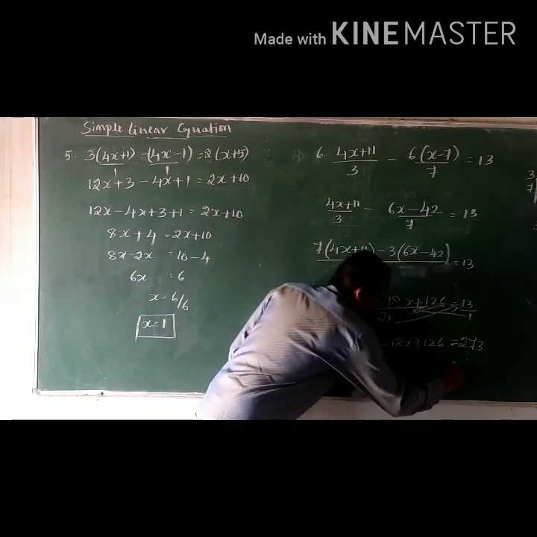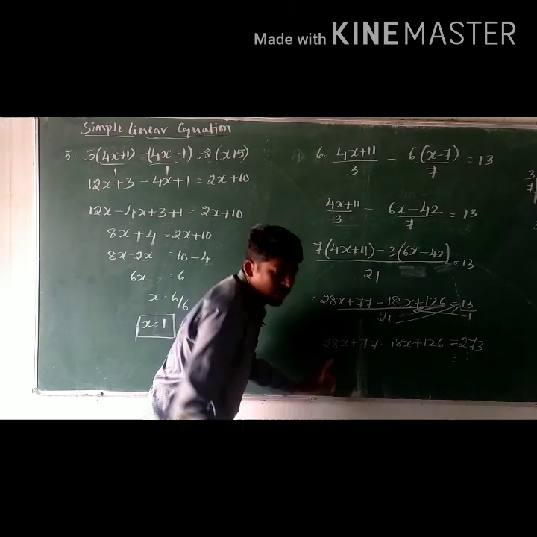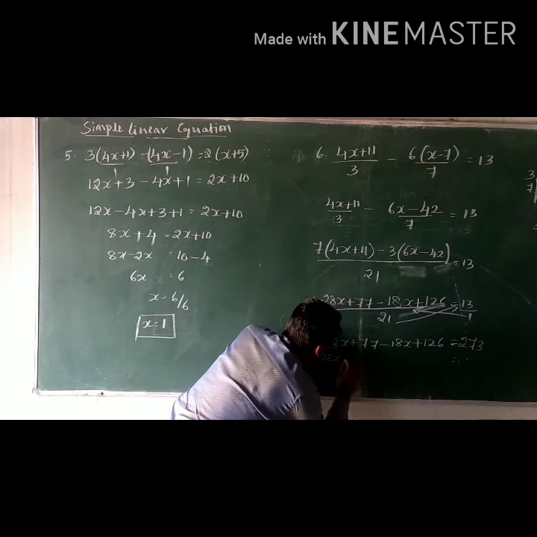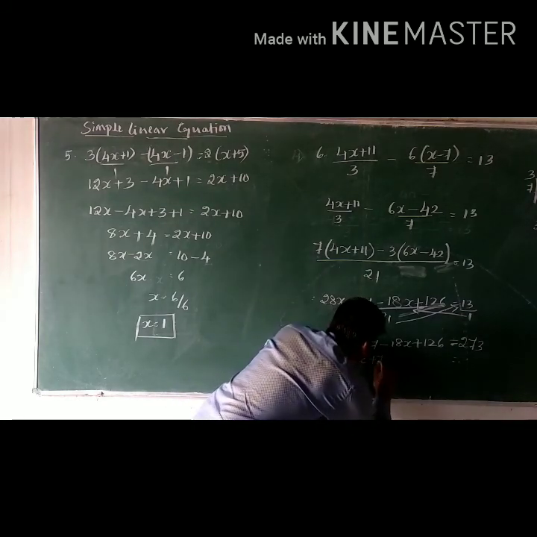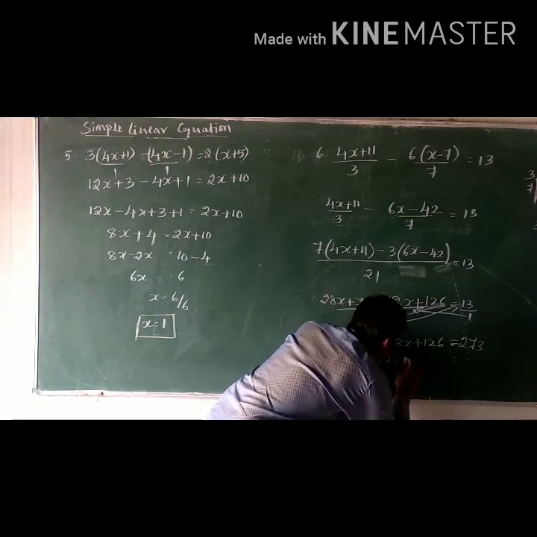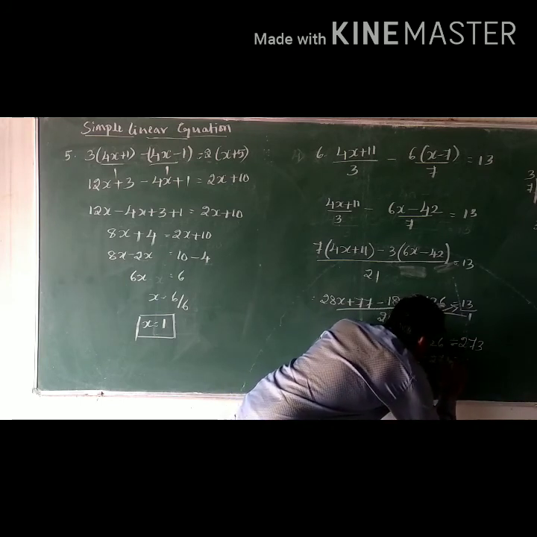We can now do the next step. The numbers and the variables, you can write on one side. Now 28x minus 18x, plus 77 plus 126 is equal to 273.